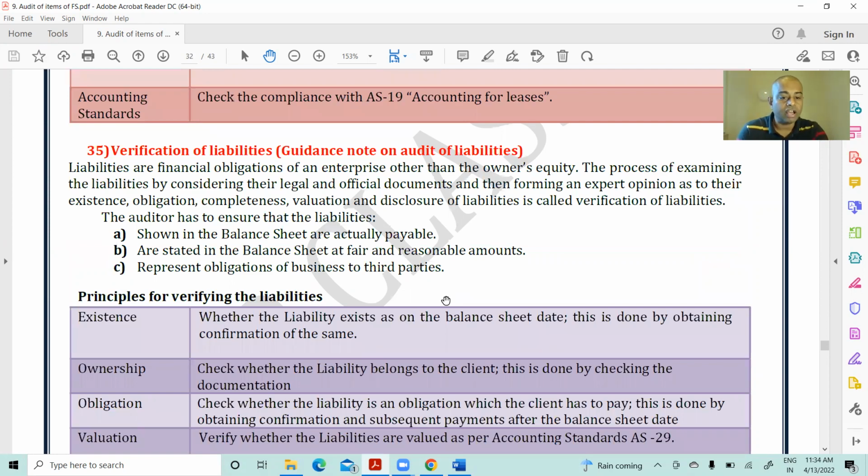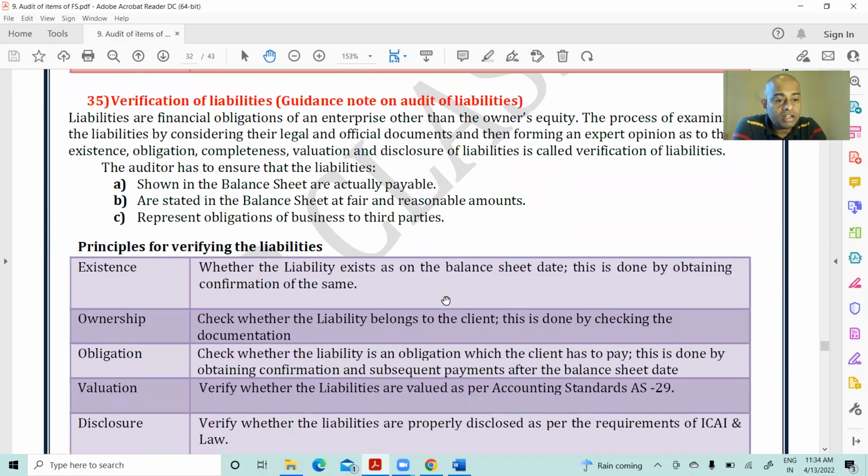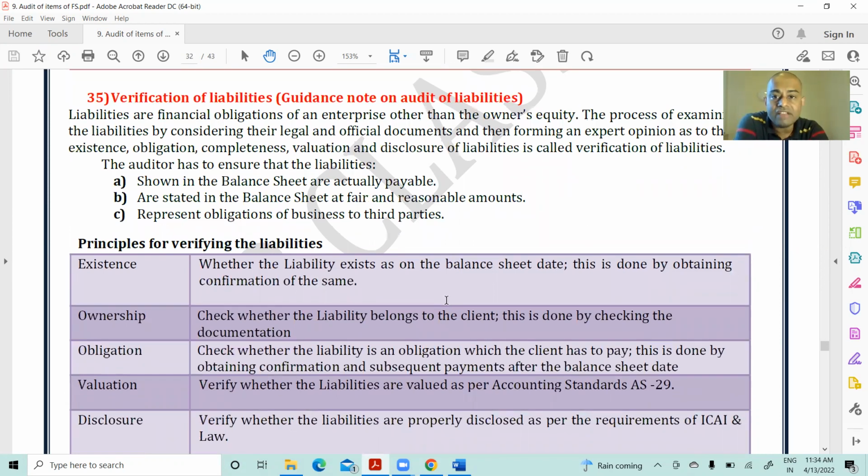I think here we are. We have to start from question number 35, verification of liabilities. Let us start from here.